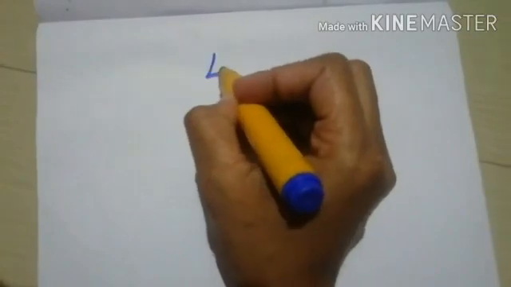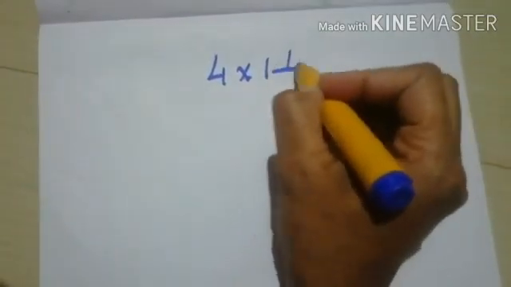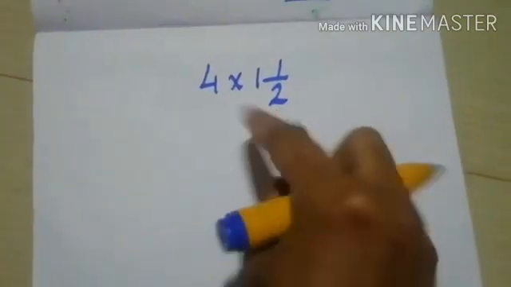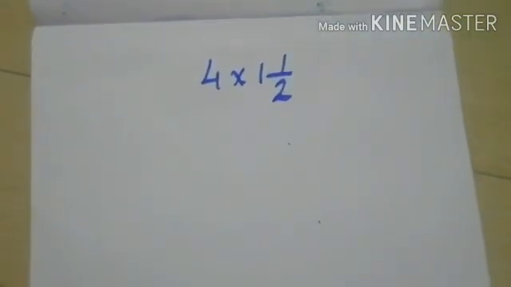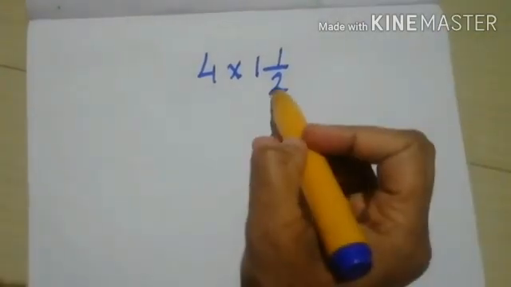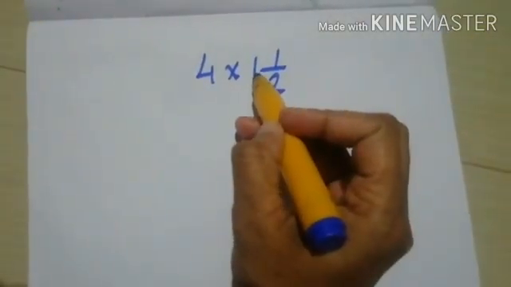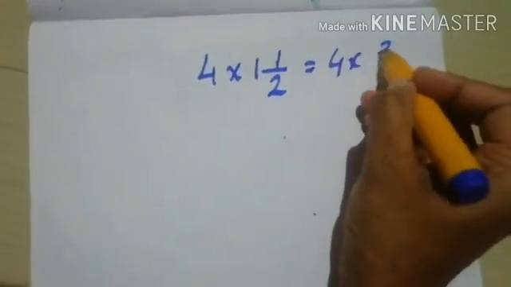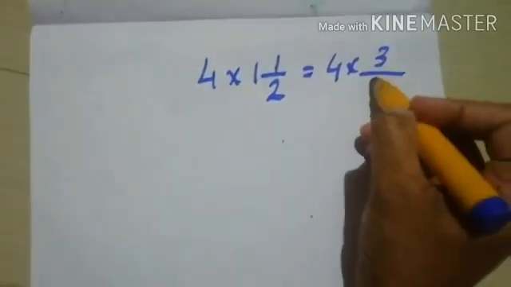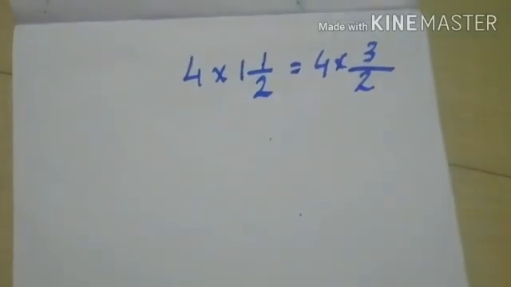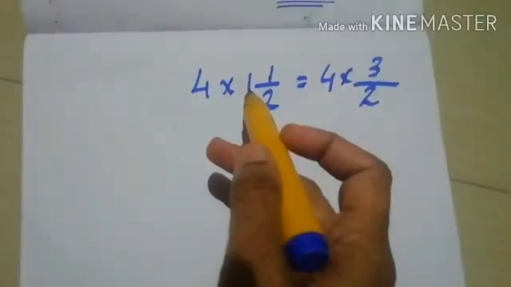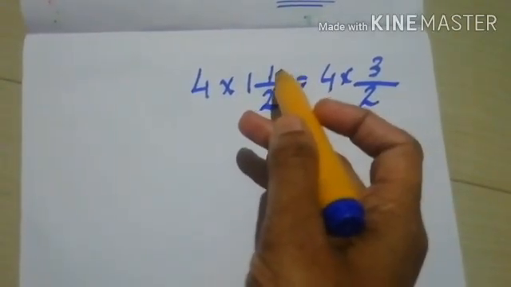Next method is the same, 4 into 1 by 2. Here, the mixed fraction can be converted into fraction. That is, 2 ones are 2, 2 plus 1, 3, which is equal to 4 into 3 divided by the same denominator. Here, we multiply the denominator with the whole number plus the numerator part.